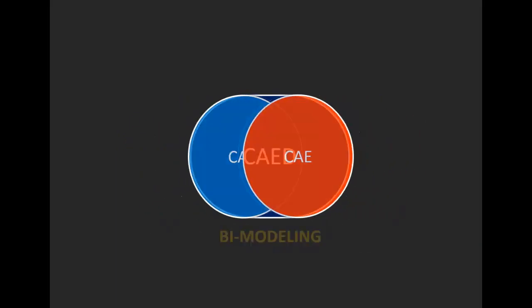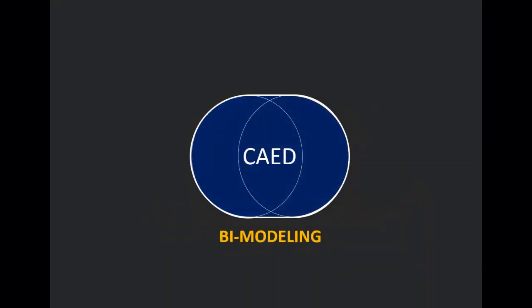So basically, this is what MIDAS nGen does. MIDAS nGen combines CAD and CAE software, making it a CAED kind of software solution because it is integrating CAD and CAE software.